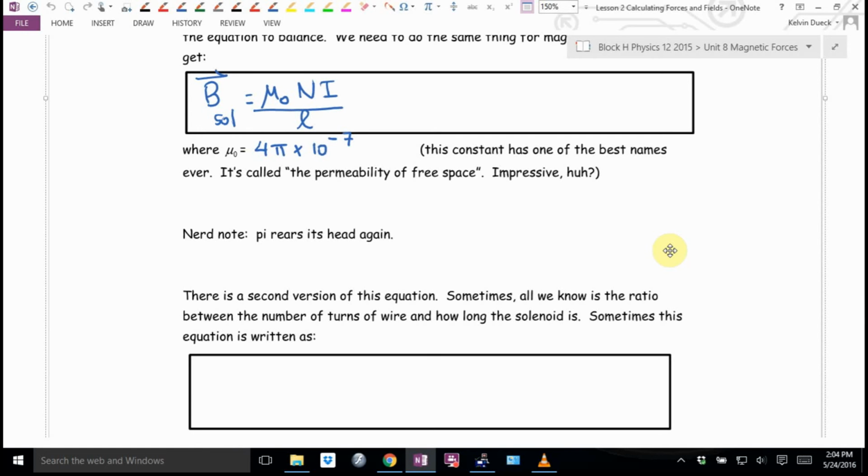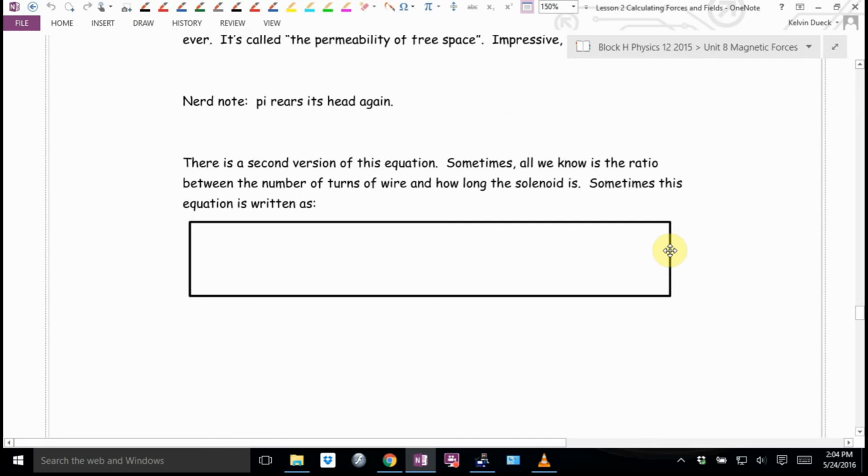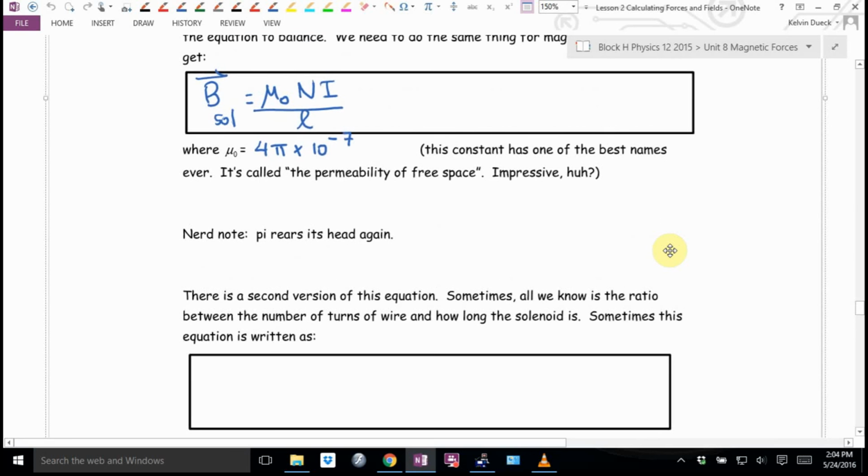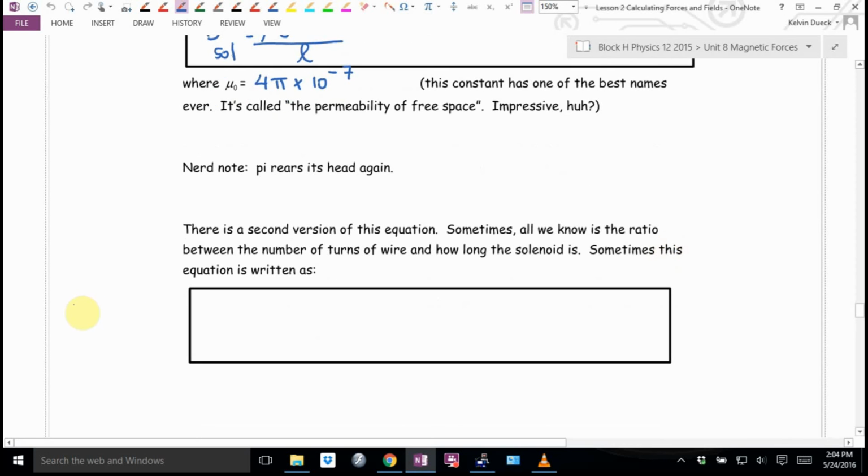There's a second version of this equation. Sometimes, instead of knowing the total number of turns, in fact, most of the time if you're buying a solenoid, they won't tell you the total number of turns and the total length. Instead, they'll just combine that in a ratio as turns per meter.